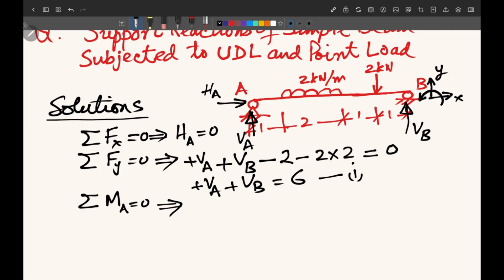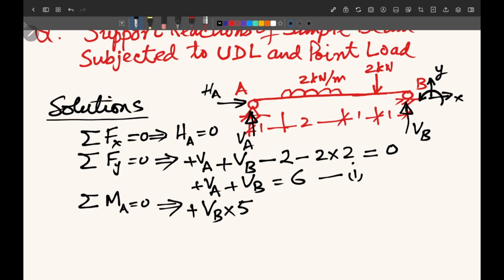Then we take the moment of VB. VB into the distance from point A, 1, 2, 4, 5. So VB into 5. According to our sign convention, this is anti-clockwise, so it will be positive moment.